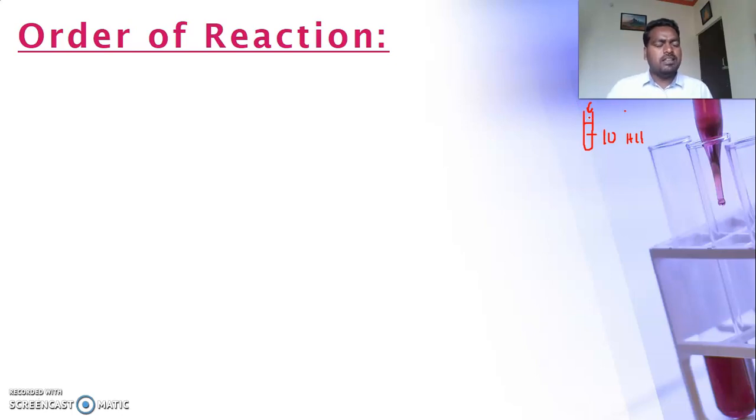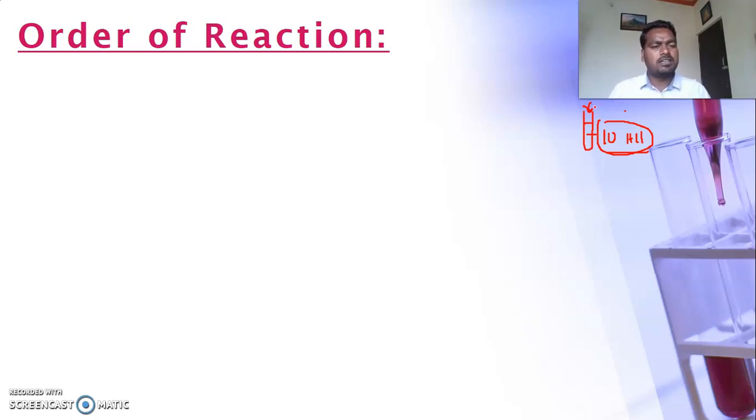So here the rate of the reaction does not depend on HCl, because HCl is present in large quantity. At that moment, the rate of reaction depends only on calcium carbonate. So this is a first order reaction, because the rate of reaction depends on only one reactant, that is calcium carbonate.